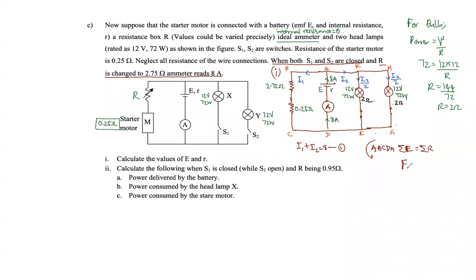We don't know the electromotive force, so we'll take it as E. For sigma IR, 8 ampere current is going through the internal resistance, so that is 8R, plus I1 current is going through 2.75 and 0.25. So I1 times 2.75 plus 0.25, since I1 flows through both resistors. So I'm getting E equals 8R plus 3I1, another equation.